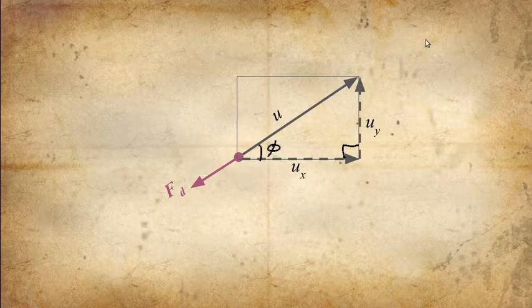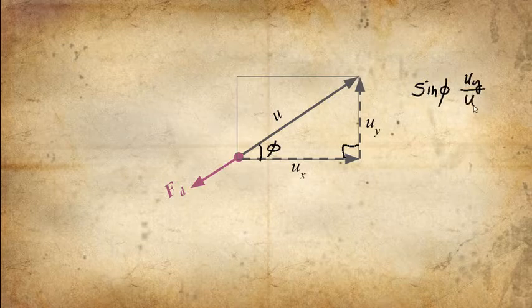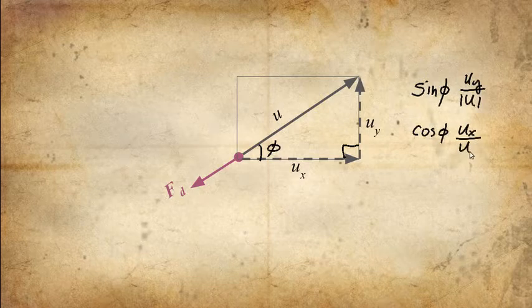So I can come up with some trig functions here. I know that the opposite over the hypotenuse is going to be sine phi. So sine of phi is going to be uy over the magnitude of u. Cosine of phi will be ux over the magnitude of u. That's the adjacent over the hypotenuse.